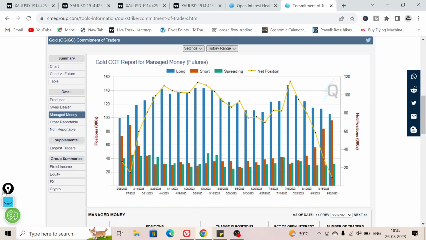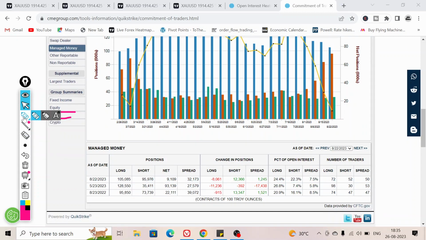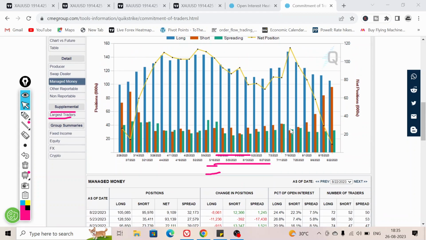So for this week, if we look at the positions of managed money, or you can say the smart players, the banks, the asset managers, in the gold futures chart, you can see this time also, in the change in positions column, they are still covering their long positions, and they have continuously been doing this for the last 4 weeks.